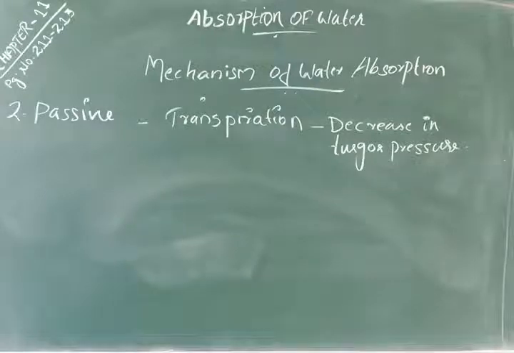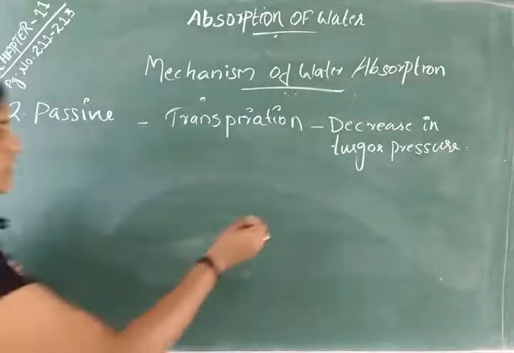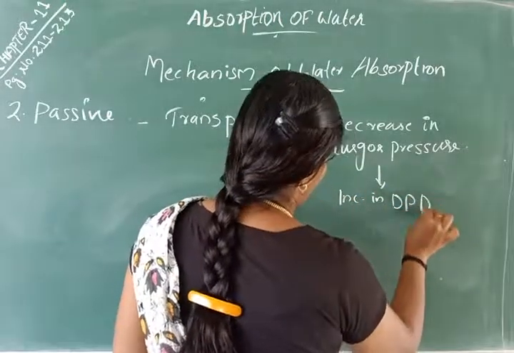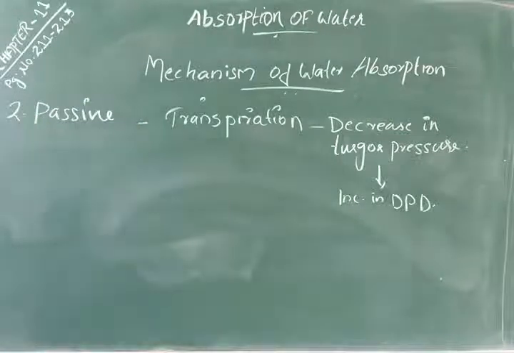As a result of this decrease in turgor pressure, there is an increase in diffusion pressure deficit in the leaf.